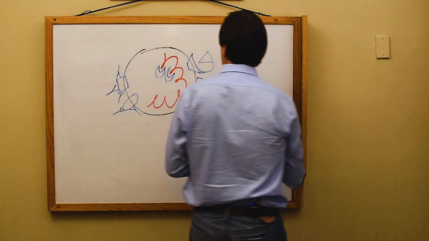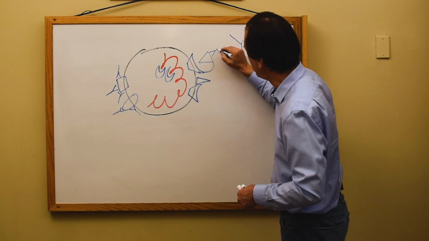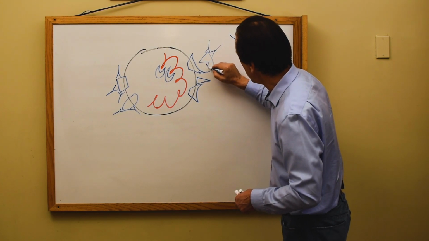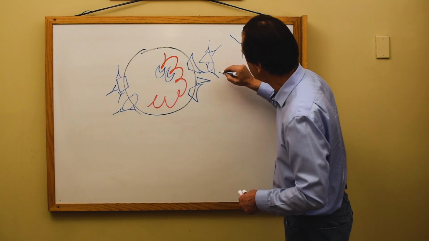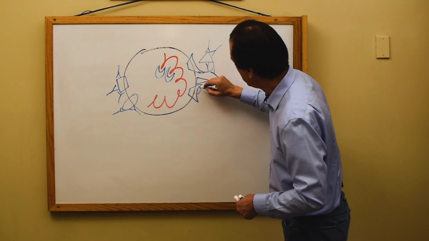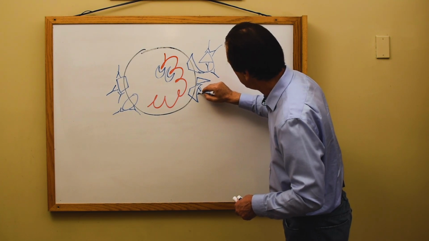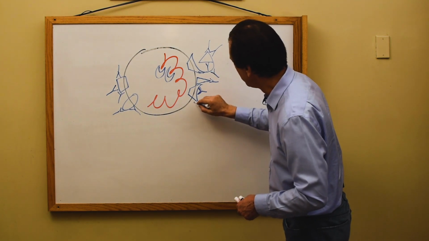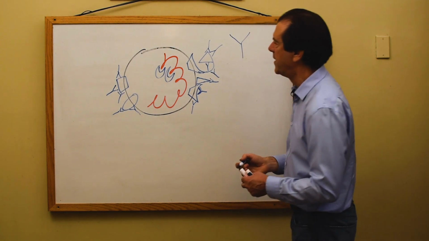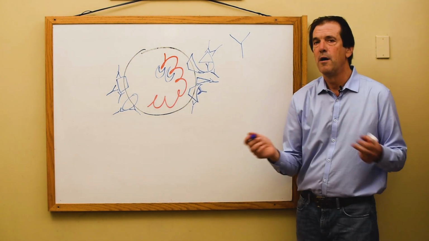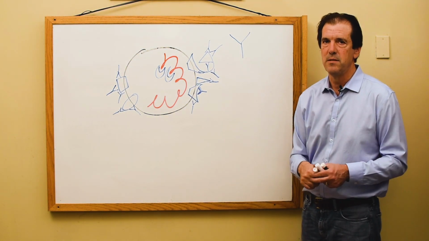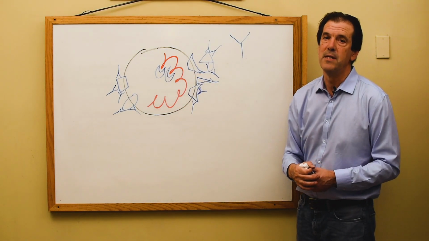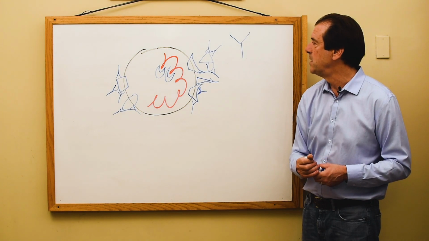For example, antibodies that bind to different parts of the spike protein on the side here, maybe in this linker region, maybe in this region right here, maybe in this region right here, and so forth. Okay, so many, many different antibodies. You can literally have potentially hundreds or thousands of different antibodies that form against the different proteins of the coronavirus. And that would even include proteins on the inside, like the nucleocapsid protein.